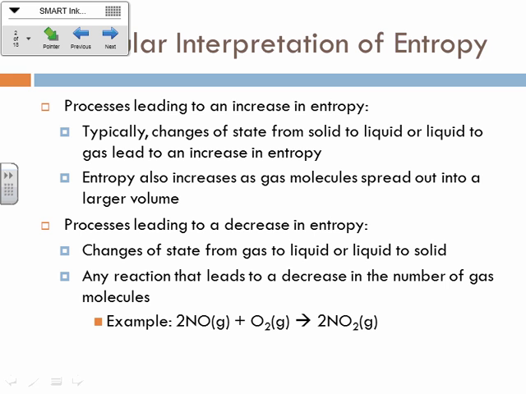So the example here, at first glance, this might seem difficult to figure out what happens to the entropy, and they might give you a reaction that looks kind of like this. But if you notice, there are 3 moles of gas here, or 3 molecules of gas on the reactant side. There are 2 molecules of gas on the product side, okay? So where on the reactant side you had 3 things that were all kind of moving in random directions, okay?